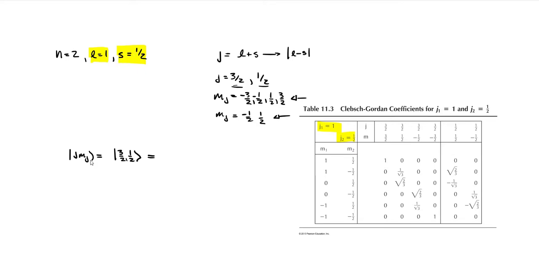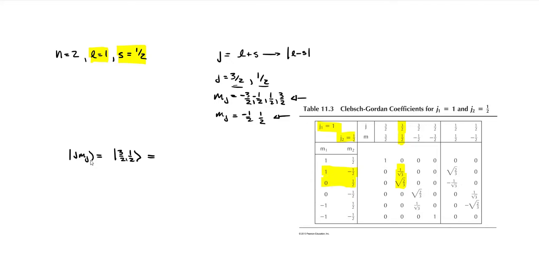If we look at that table, and in the j, m bases we're at 3/2 and 1/2, we get that in the uncoupled bases, it's √(1/3) for the m_l equal to 1, m_s equal to -1/2 term, and √(2/3) times that other uncoupled basis term.